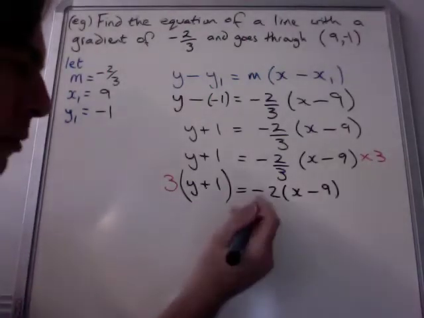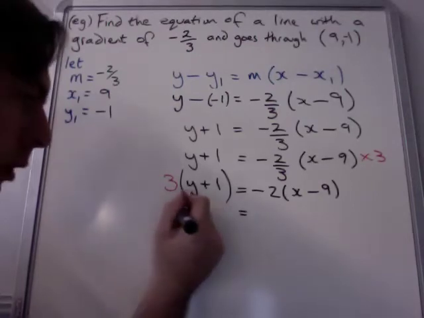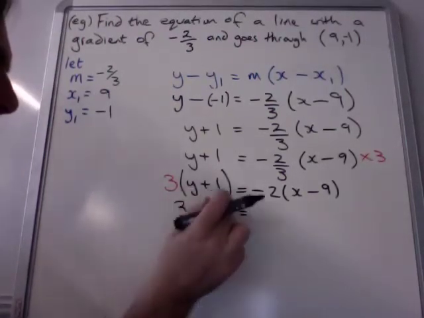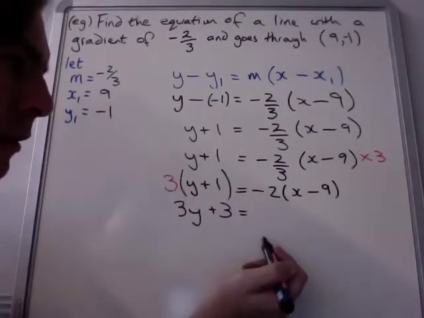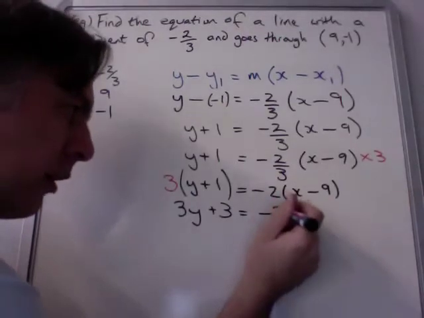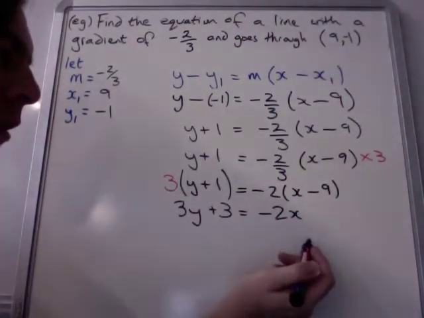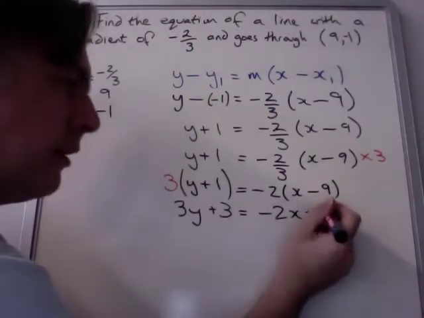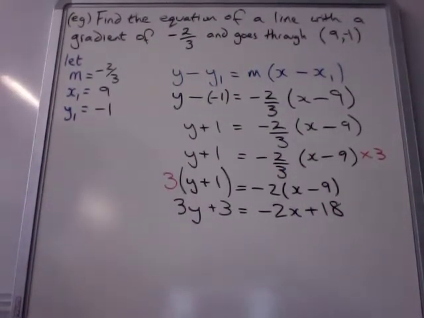Times this out with me as I go along. 3y becomes 3y. 3 times plus 1 becomes plus 3. Minus 2 times x is minus 2x, correct. Negative 2 times negative 9 is minus times a minus is a plus, 2 times 9 is 18. Okay, and you should be finding that very easy to do.